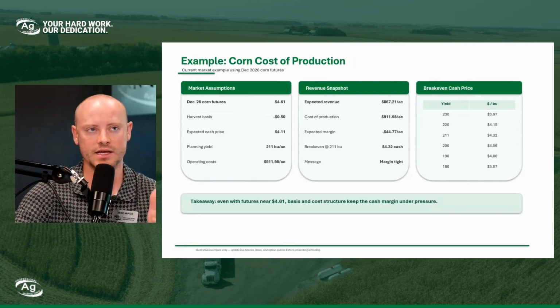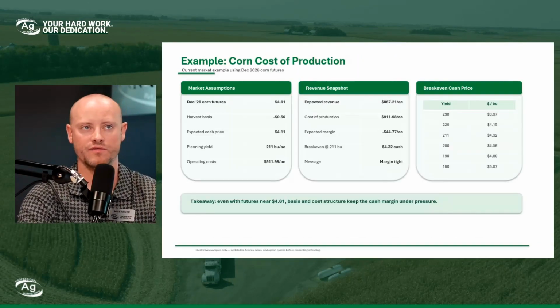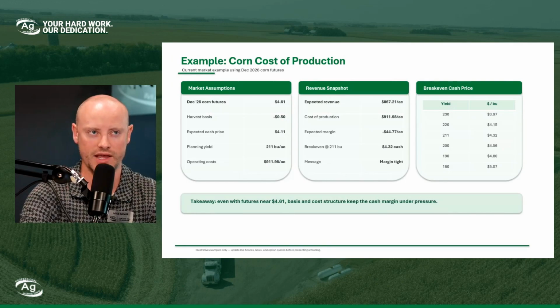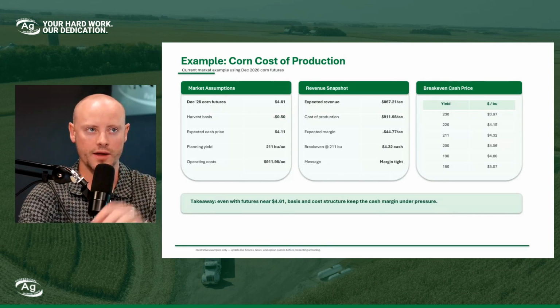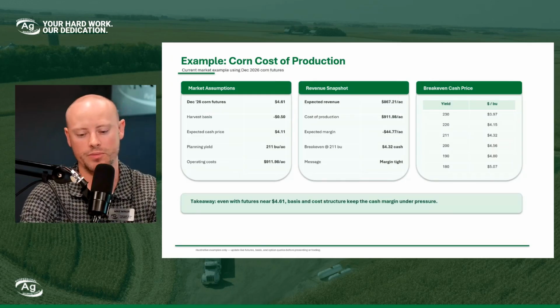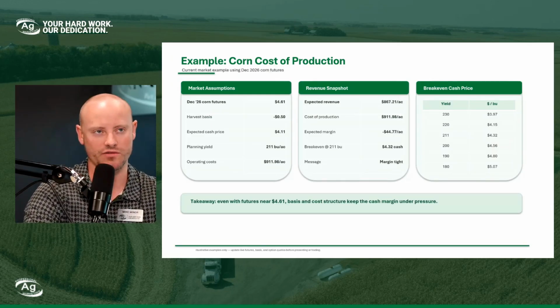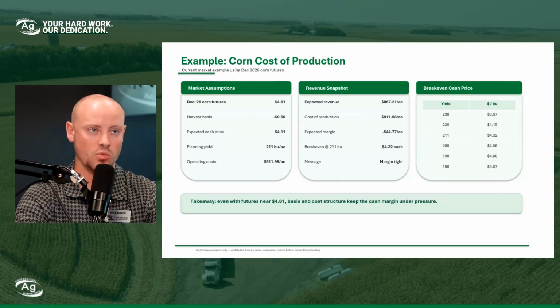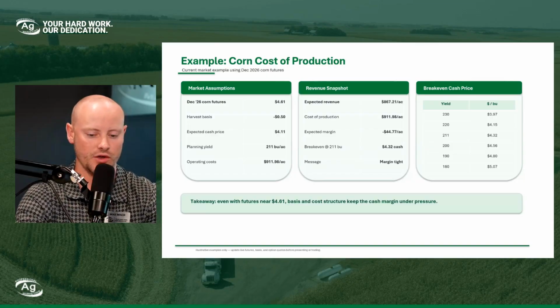When I look at a few different examples of corn cost of production, this would be a very simple way for me to try to break it down for you. Let's say, should we plant corn or soybeans in this scenario, given our numbers? I'm going to throw up there using $4.61 corn futures, very close to the crop insurance price given to us this fall.